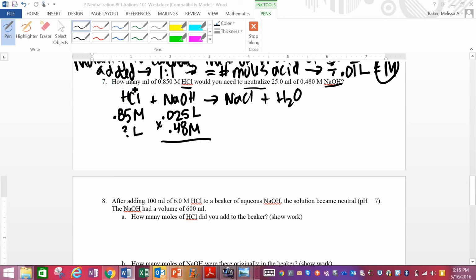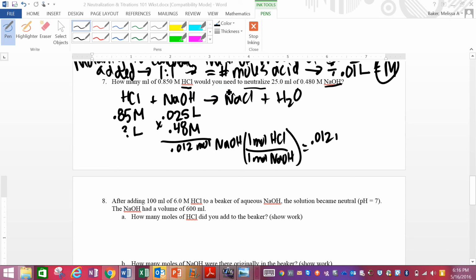So first step, the one that you know more about, multiply liters times molarity to figure out 0.012 moles of NaOH were added. It's a 1-to-1 ratio. Every 1 mole of NaOH requires 1 mole of HCl to neutralize. So there must have been 0.012 moles of HCl required.